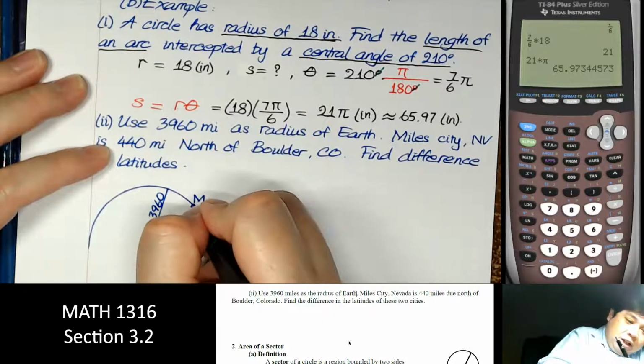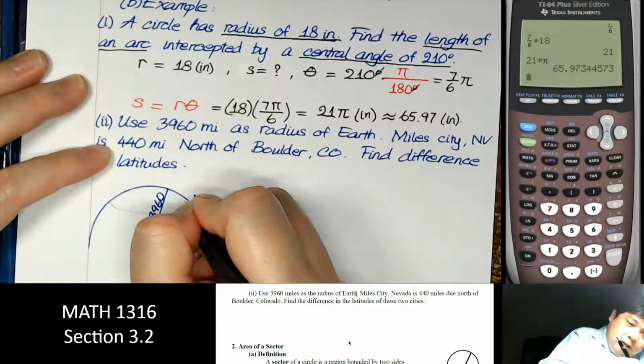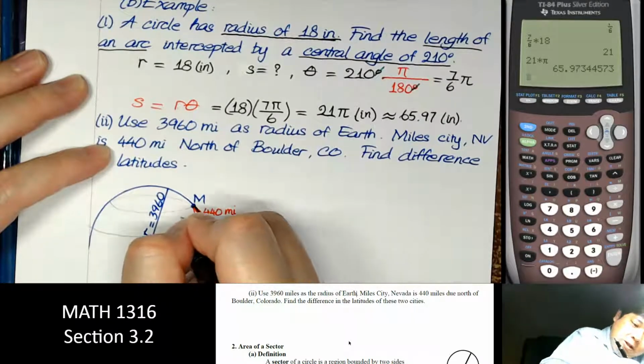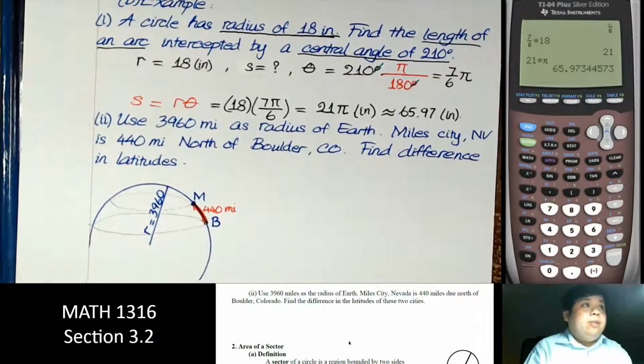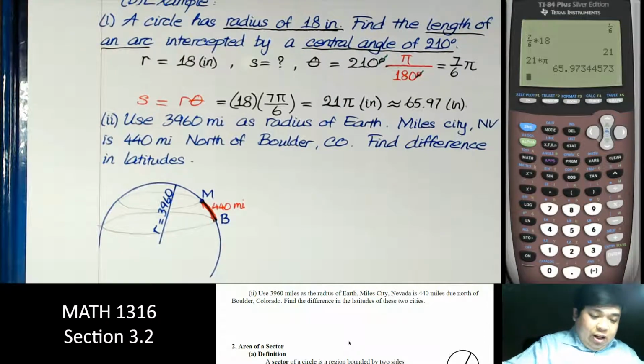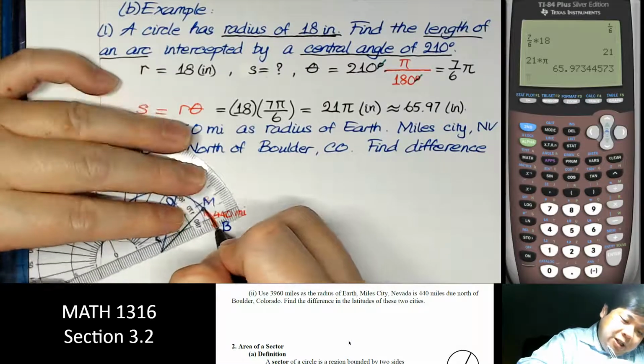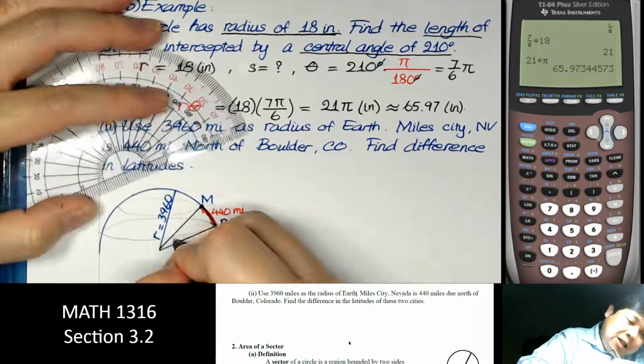So we have the latitude, and the difference in the latitude is actually just measured by this angle here.